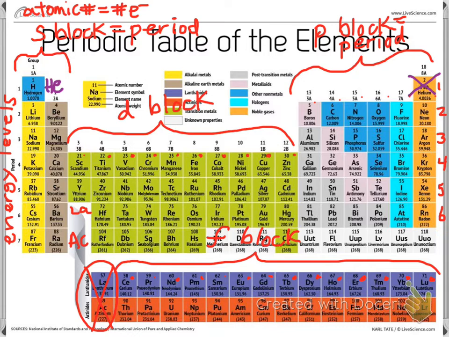If I'm talking about thallium to radon, I'm going to be putting electrons into the 6p orbitals. So for p's, also equal to our period number.